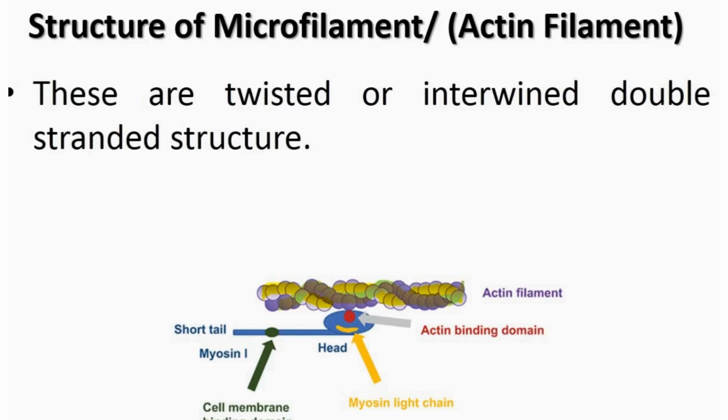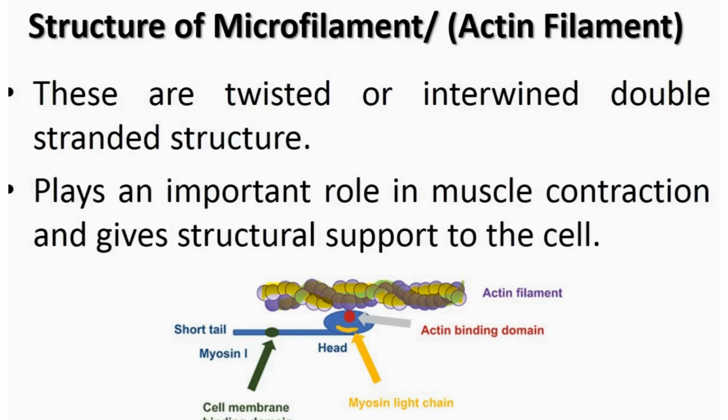These twisted structures of microfilament, especially actin, play a very important role in muscle contraction, and besides muscle contraction, they also give structural support to the cell.